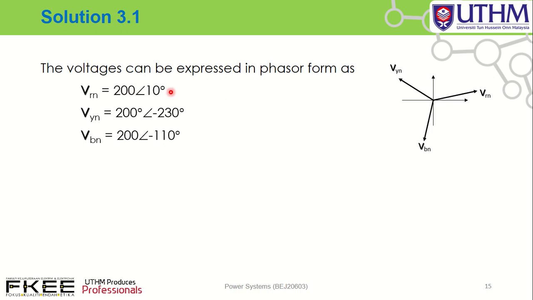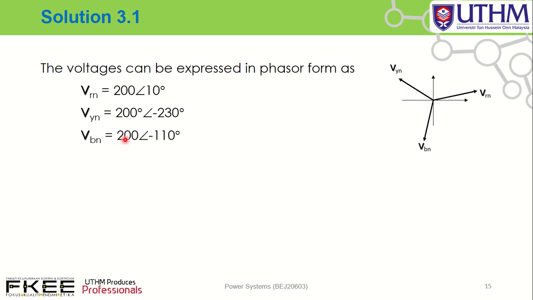What is VRN? How to draw VRN? It has a magnitude and an angle equal to 10 degree. VYN is 200 angle minus 230, at this quadrant.